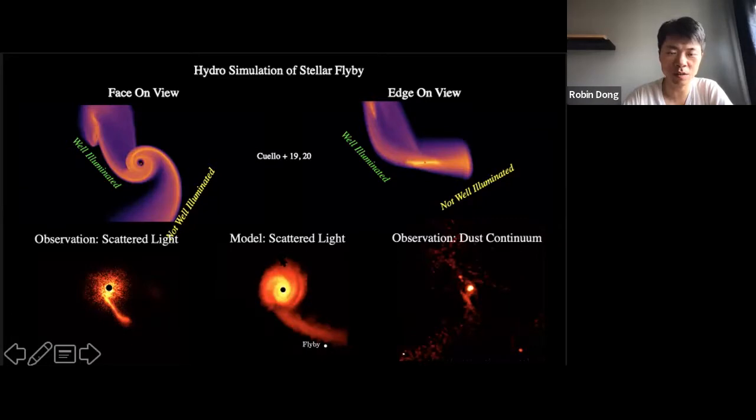The other spiral on the other side is not quite visible. And overall, the simulated structure is fairly consistent with what we see, a one-arm spiral pointing to a point source at a distance away.